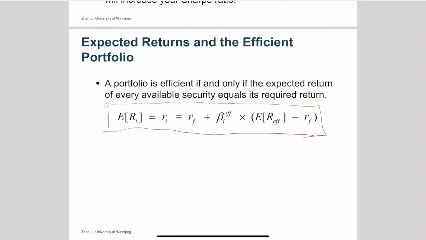So it's like the premise or the root of the capital asset pricing model. Now let me first state this result, and then I will give you some explanation why this is true.